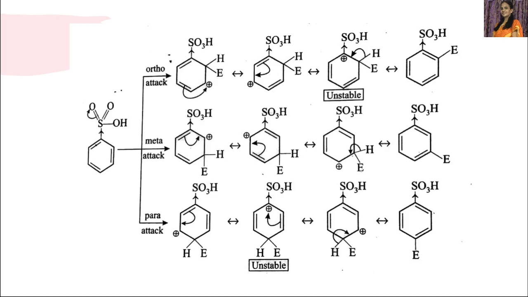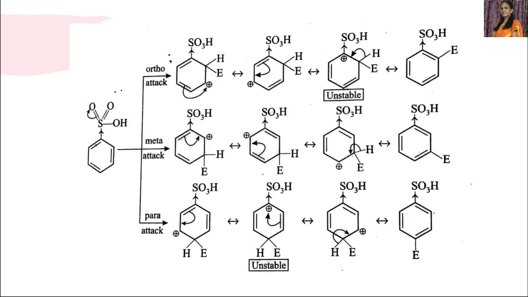And now the electrophile, if it goes to ortho position and para position, we can observe in the reaction mechanism that one unstable structure is produced where the positive charge is present on the carbon to which the SO3H group is directly attached, which is an electron withdrawing group. As it is an electron withdrawing group, then what happens?